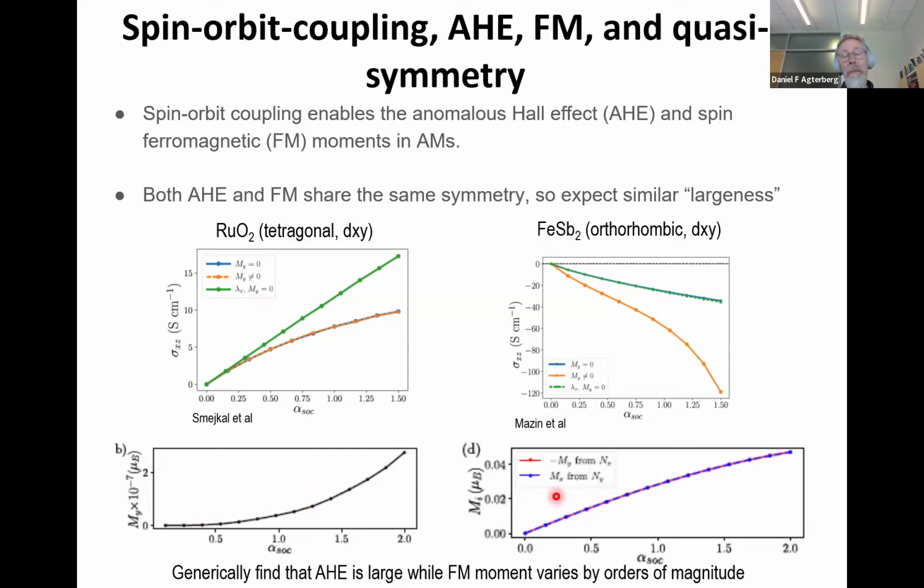It's 5 orders of magnitude larger, on the order of 10 to the minus 2 to 10 to the minus 1 Bohr magnetons. And you can also see that the scaling with spin orbit coupling is very different. So here it's quadratic with spin orbit coupling, and here it's linear with spin orbit coupling. And so what we wanted to do was to try to understand the origin of this difference by examining these sublattice Hubbard models that I mentioned.